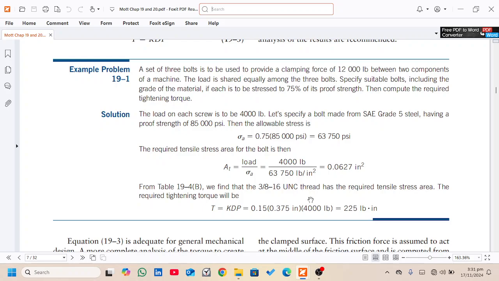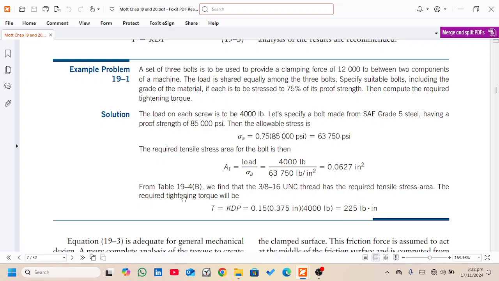The required tightening torque will be KdP. K is 0.15 as we have read. D is 0.375 inches here, and the force is 4,000, and the answer will be 225 pound inches.